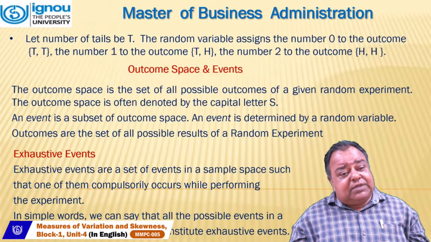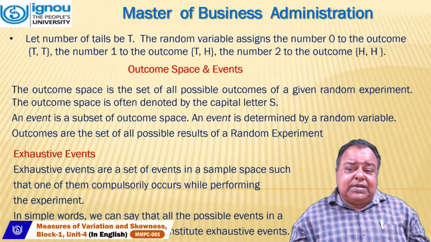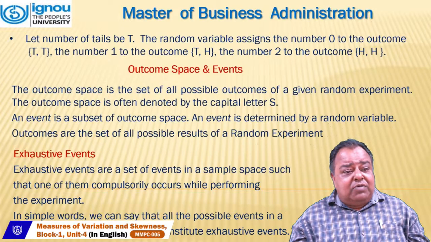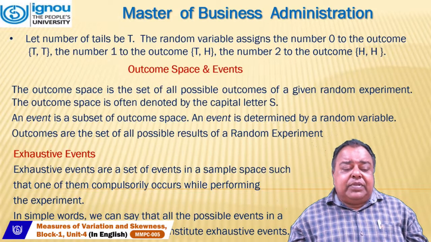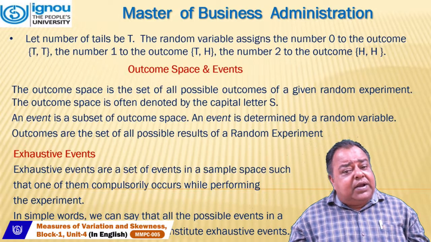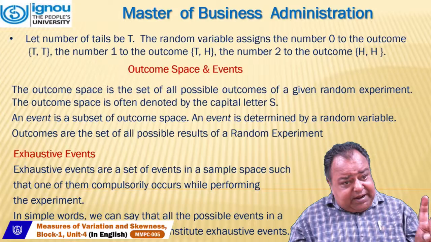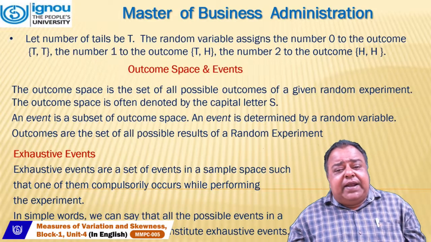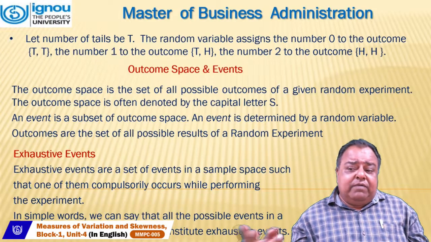Let the number of tails be t. The random variable assigns the number 0 to the outcome TT, the number 1 to the outcome TH, because in that case one head is there, and the number 2 when there are two heads.